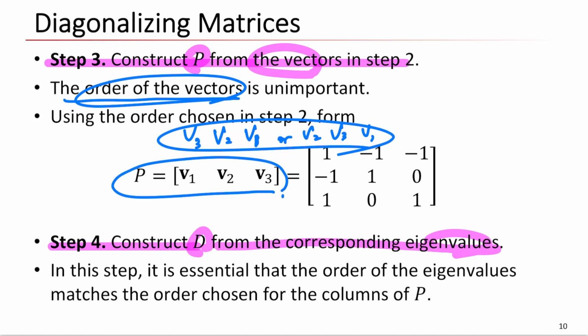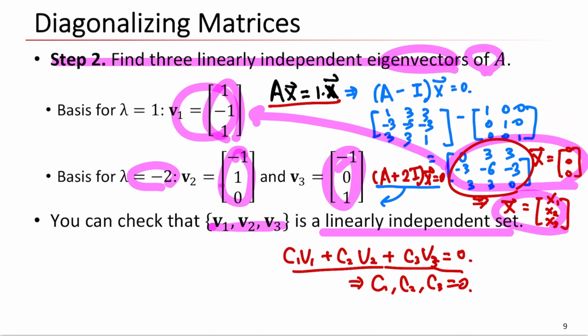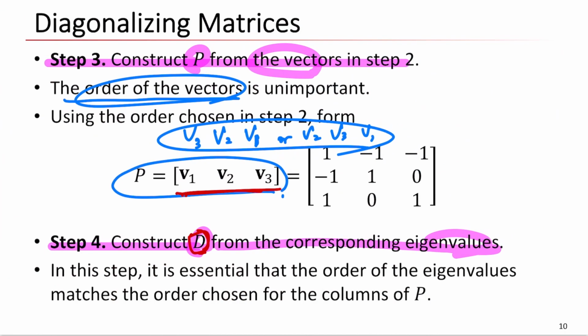But carefully, we have to make the diagonal matrix D corresponding to the order of the matrix P. And what's v1? v1 is here, v2 is here, v3 is here.